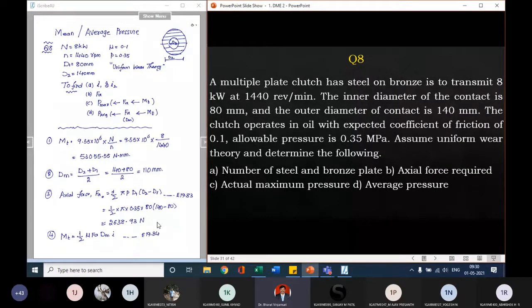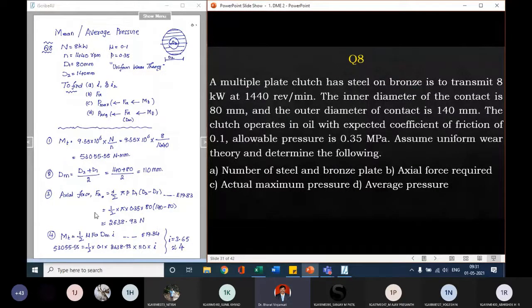So MT you have got 53055.55, equal to half into mu 0.1, FA 2638.93 into dm 110 into I. What is the value of I, guys? 3.65, which will be approximated to the highest even number, 4. You got the value of I as 4.